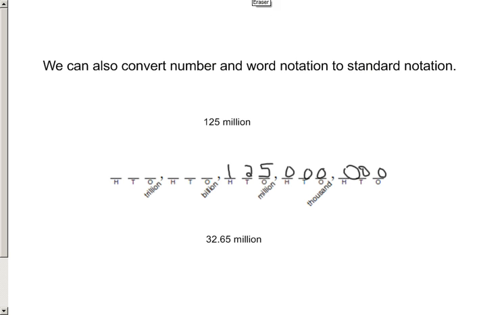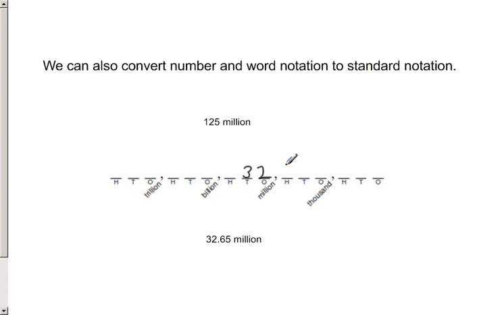Okay, I'm going to erase that and do the other one, which is below there, 32.65 million. So my greatest place is the 32. The word million is going to be replaced here with that period.